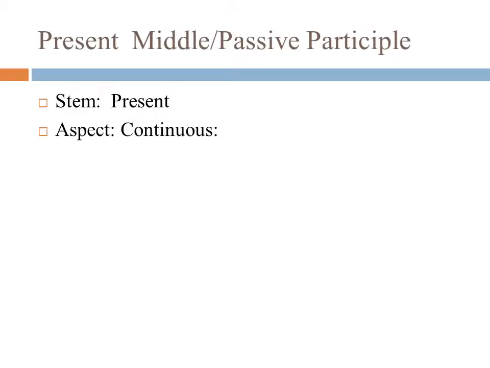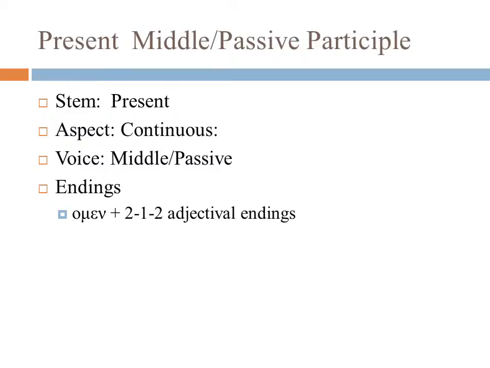So, the middle passive participle, the stem is present. And because the stem is present, of course, the aspect is continuous. The voice is middle passive. This is the present. And the endings are the term amen. Okay, you should remember amen like amen, amen, plus the 212 adjectival ending.